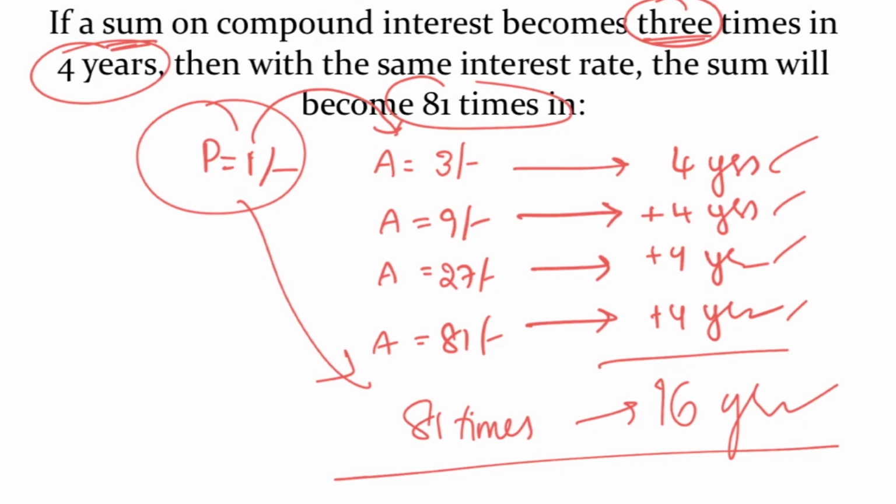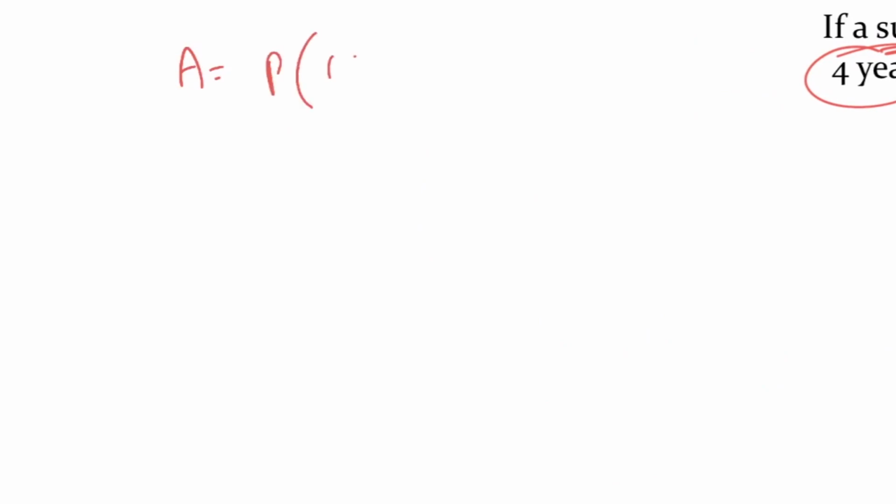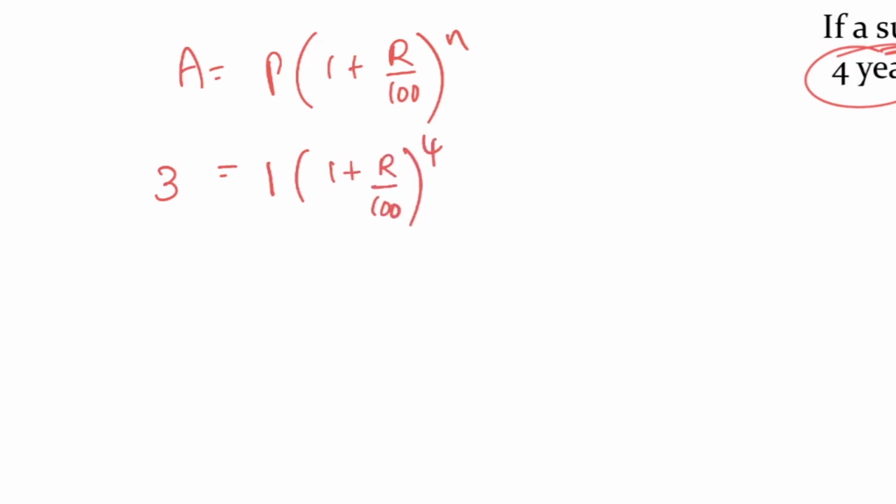Or if you want to use the formula, A is equal to P into 1 plus R by 100 whole power n. Every 1 rupee invested becomes thrice, 3 rupees, in the span of 4 years. We require 81 rupees.